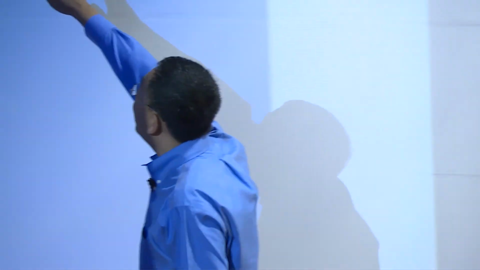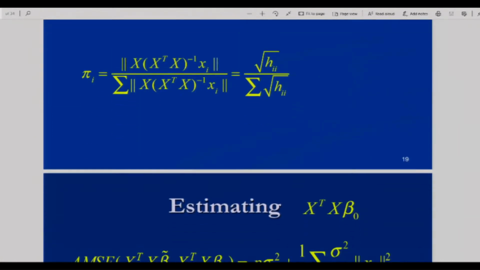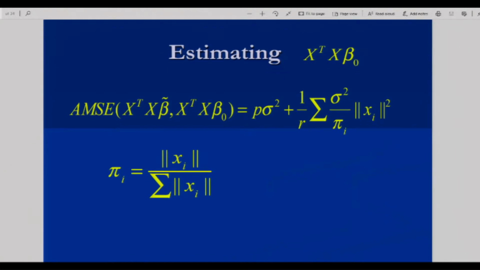If we can do this, it essentially says we can put any matrix before this beta 0. Now, instead of x, I put x transpose x, and then we get an even more interesting estimator.